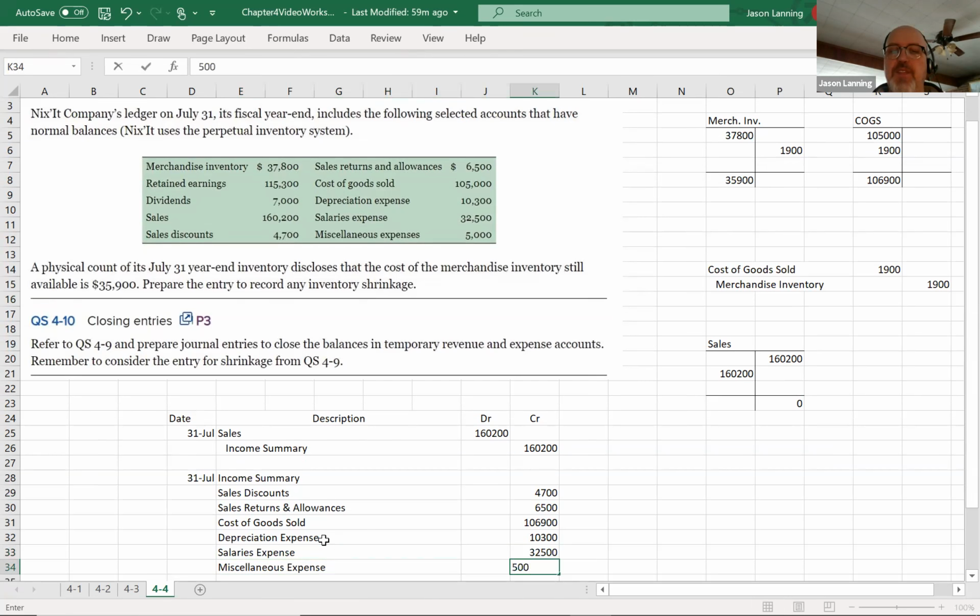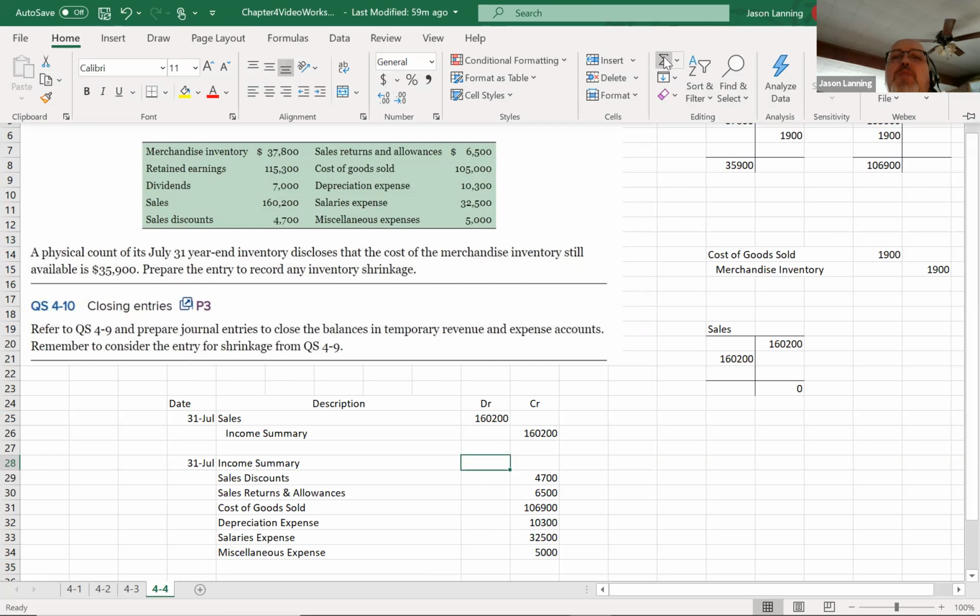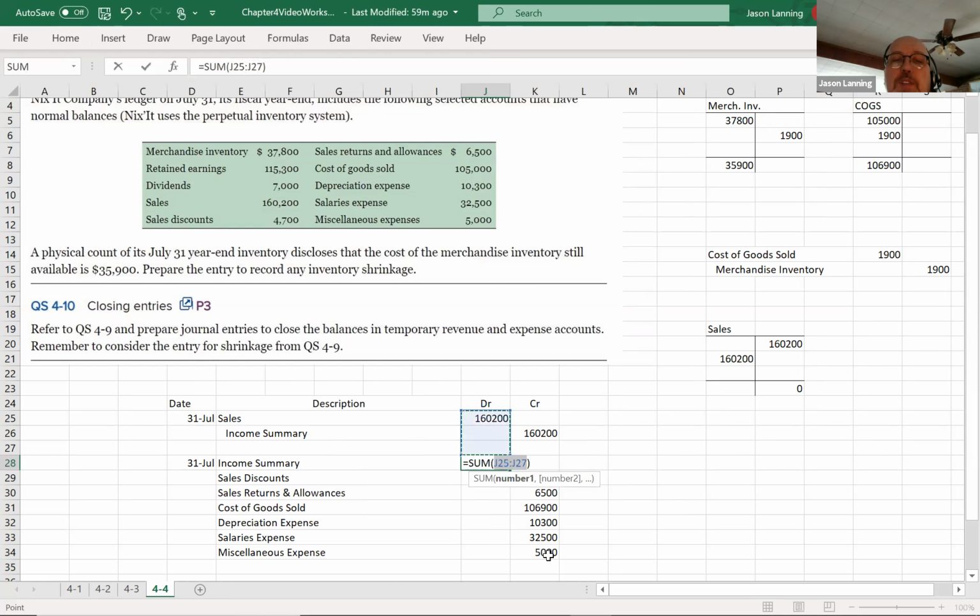Miscellaneous, 5,000. So, if we want to total these items up, that'll give us the amount we need to credit income summary. So we're going to auto sum these. And we should be, or debiting, I said credit, it should be debiting. We're debiting income summary 165.9.